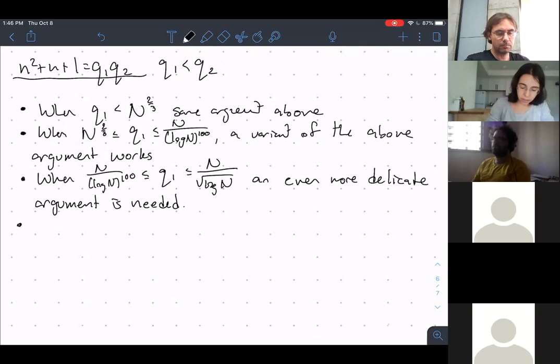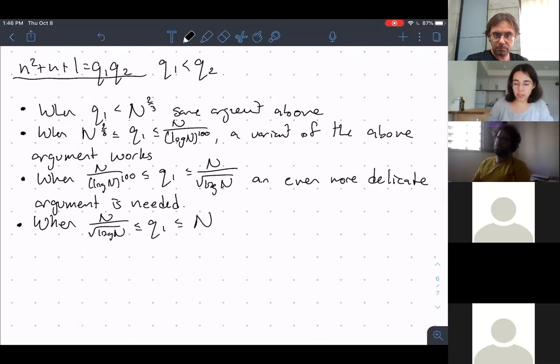And then finally, when the smaller of the two primes is really close to n itself, none of these arguments using Mann's theorem work anymore.